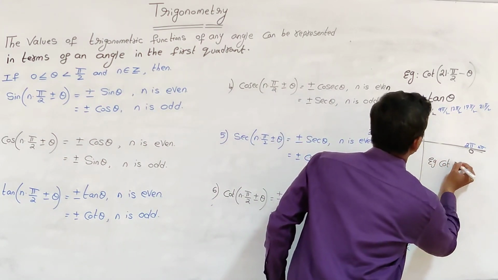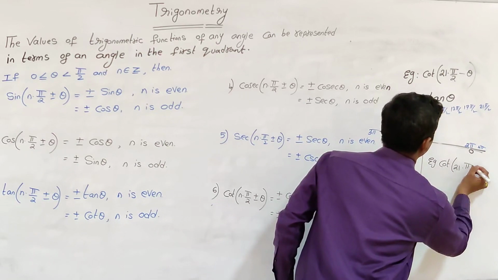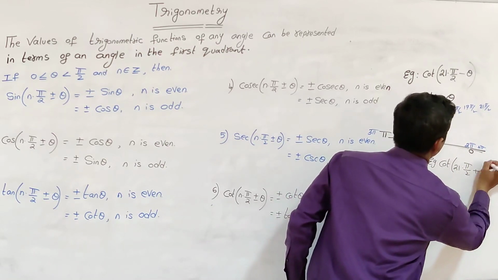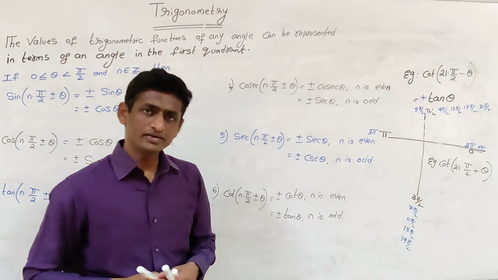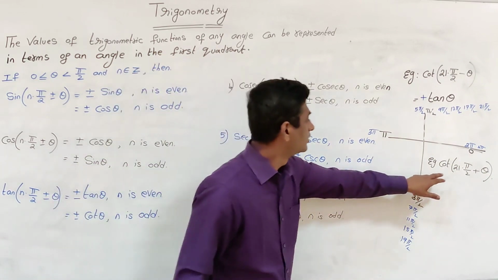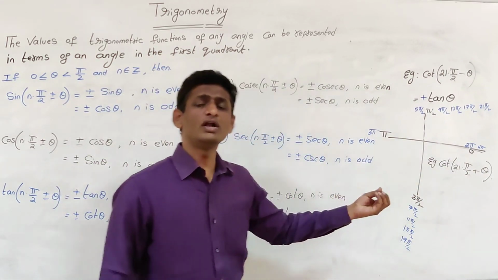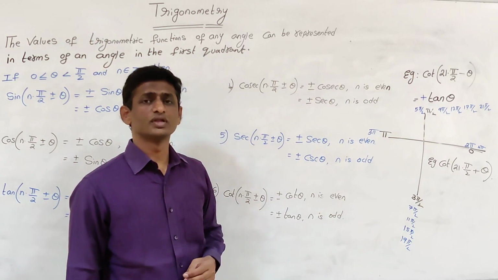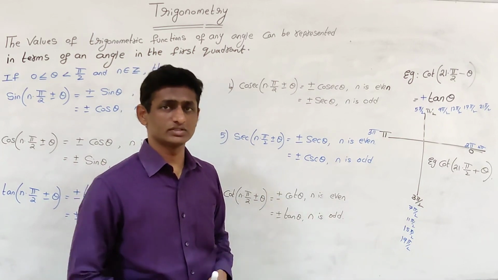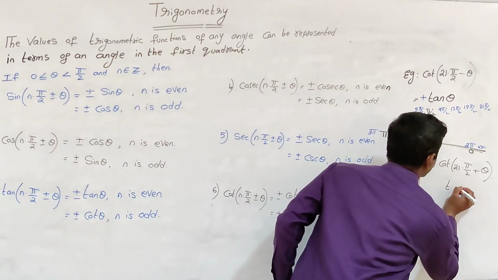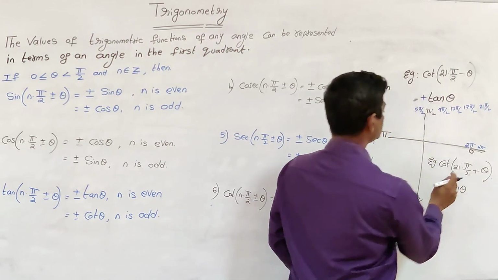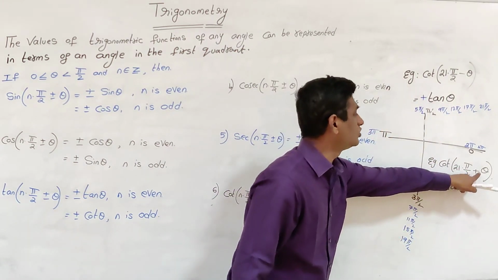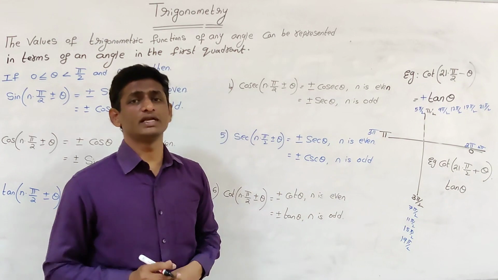Now, if I change the question to what will be cot of 21 times pi by 2 plus theta. So again, 21 is an odd multiple of 90 degrees, so the trigonometric ratio changes. That will be tan theta. As 21 times pi by 2 plus theta, in which quadrant does it lie?